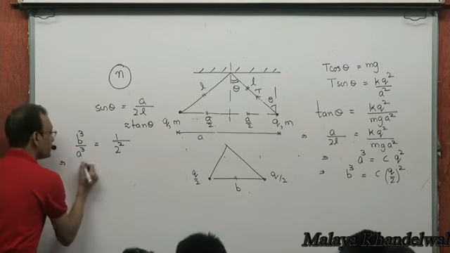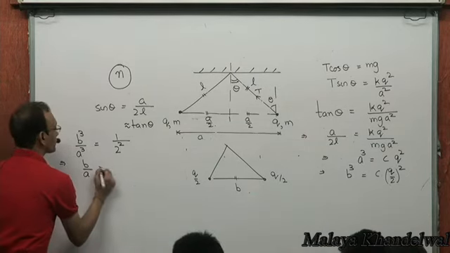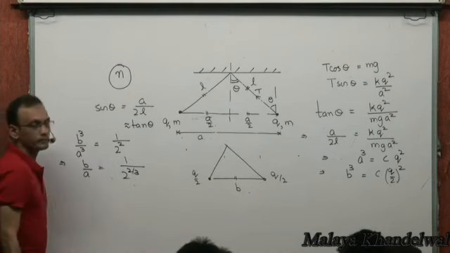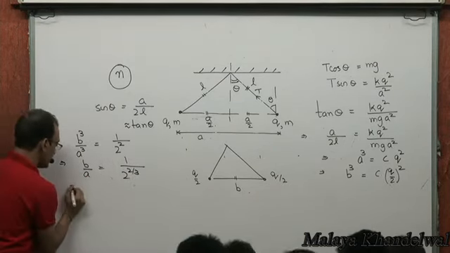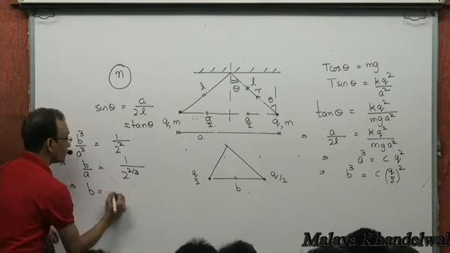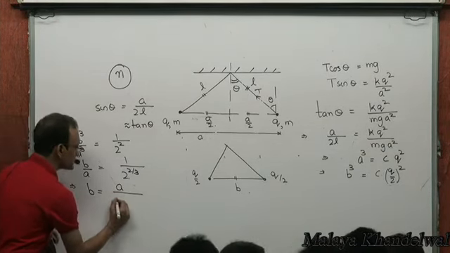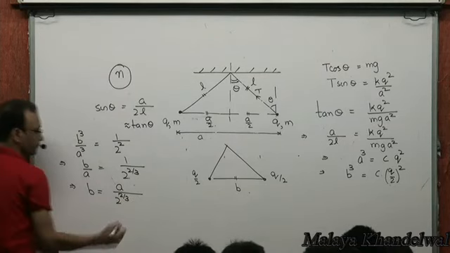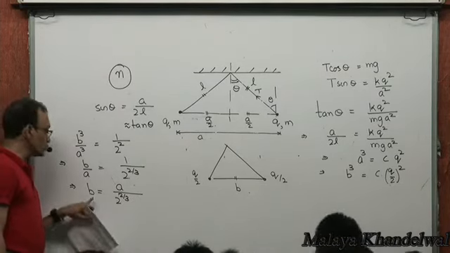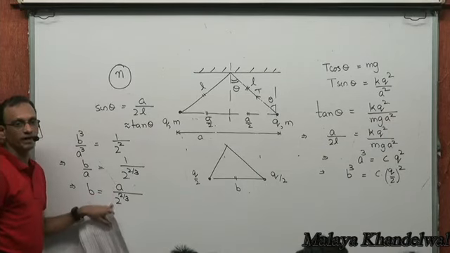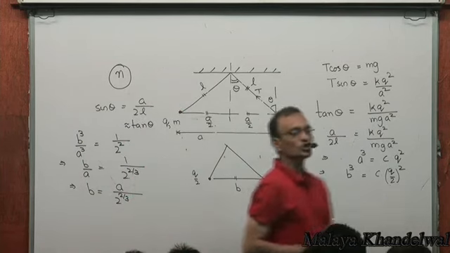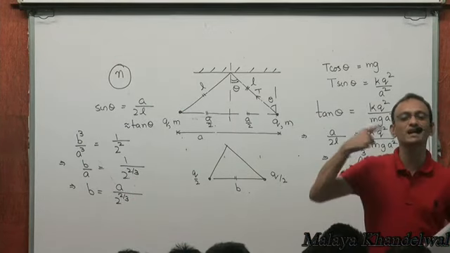So that means B by A would become 1 by 2 to the power 2/3. The new equilibrium separation would be the original equilibrium separation divided by 2 to the power 2/3, which means this operation is performed repeatedly, the same operation.